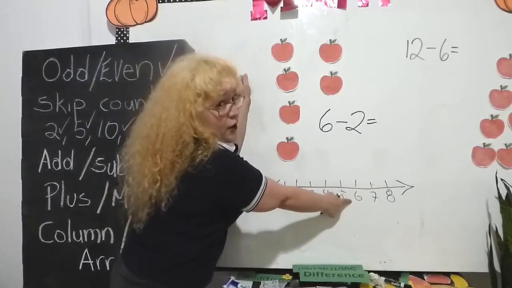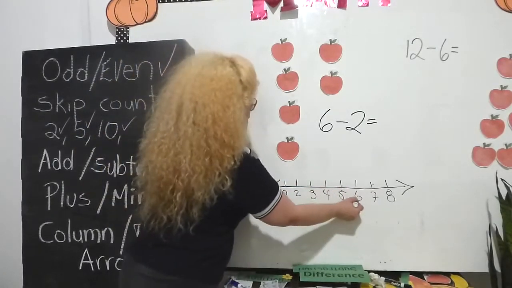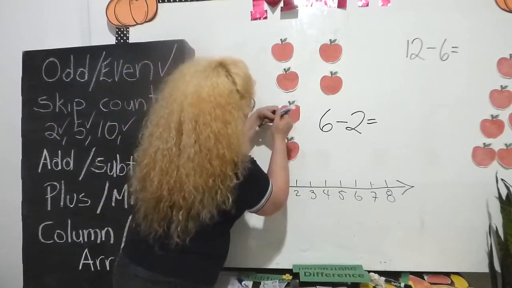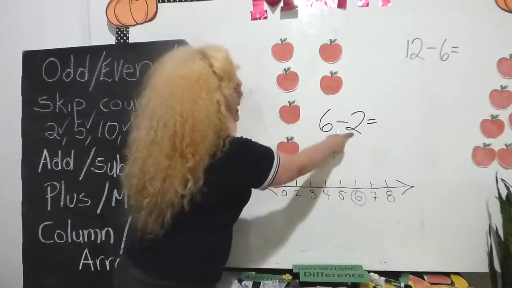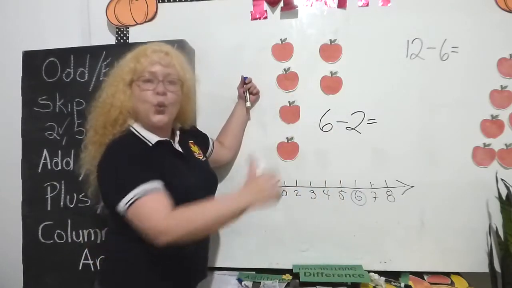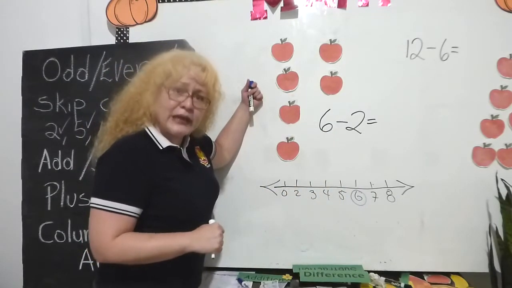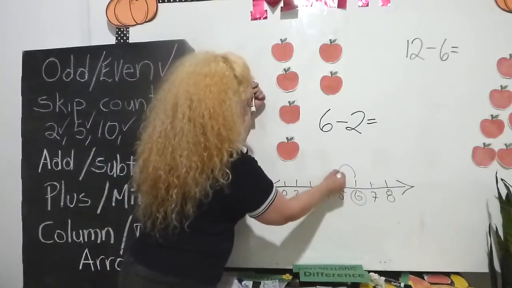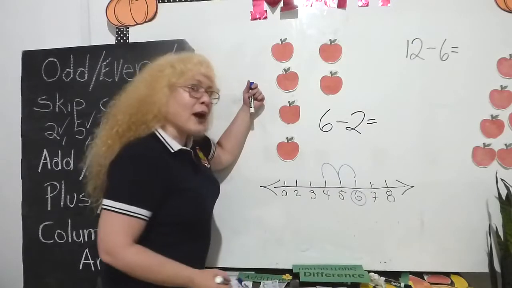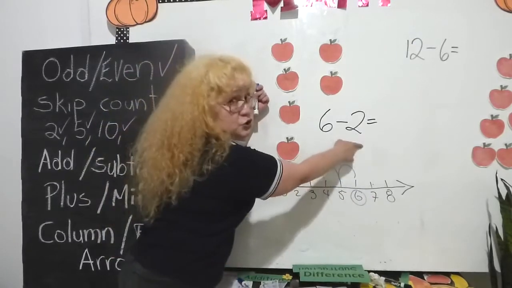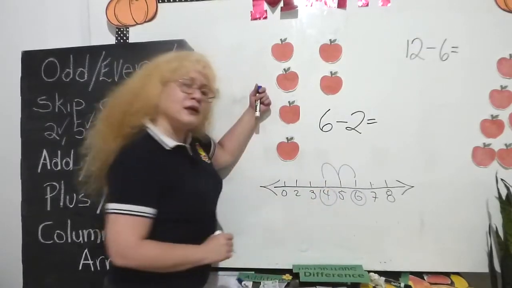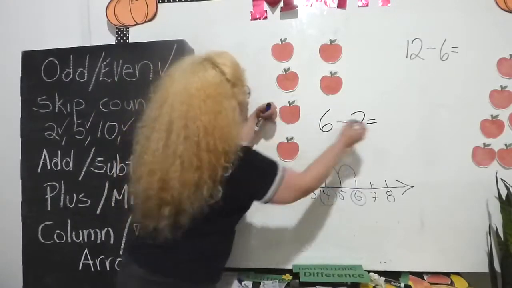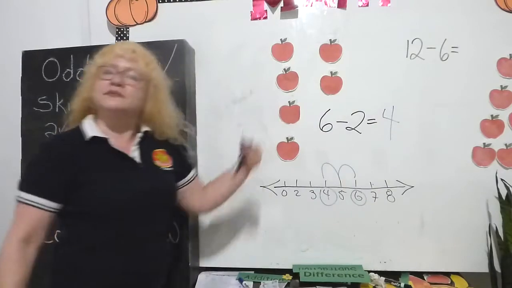So where do I start in the number line? Here, on 6. And I count backwards in the number line, right? How many times? 1, 2. So my answer, 6 minus 2, would be, yes, 4. There you go.